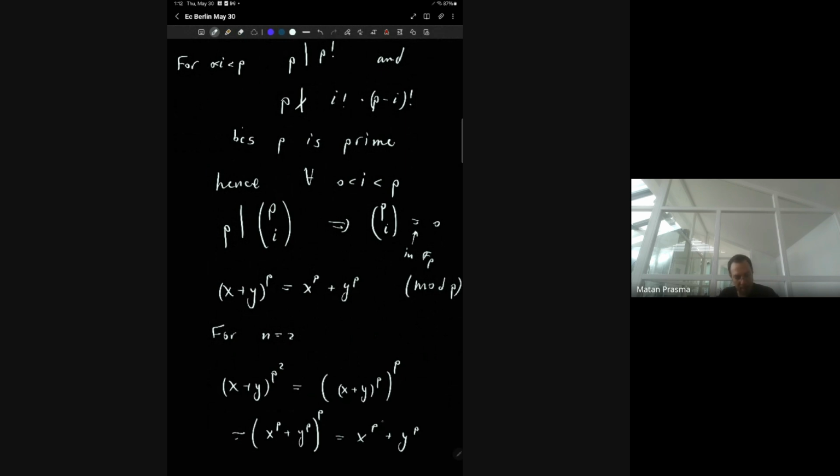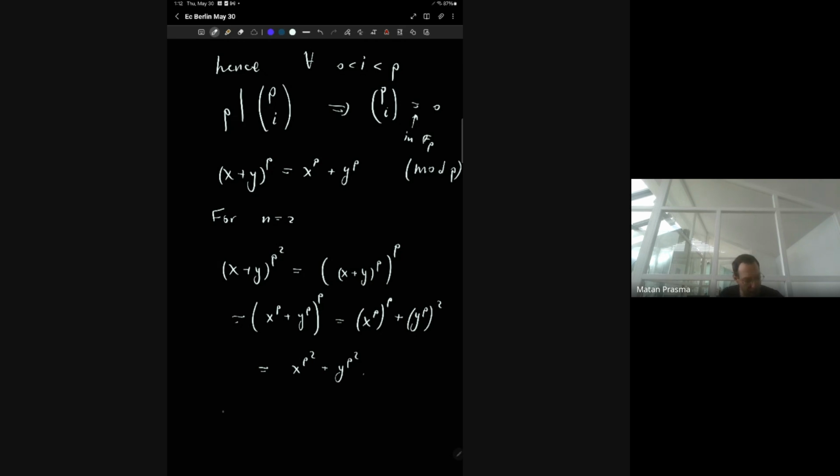But the claim was true for any x and y, so I can apply the n equal 1 case for x^p and y^p. So this is (x^p)^p plus (y^p)^p, which is x^(p^2) plus y^(p^2).